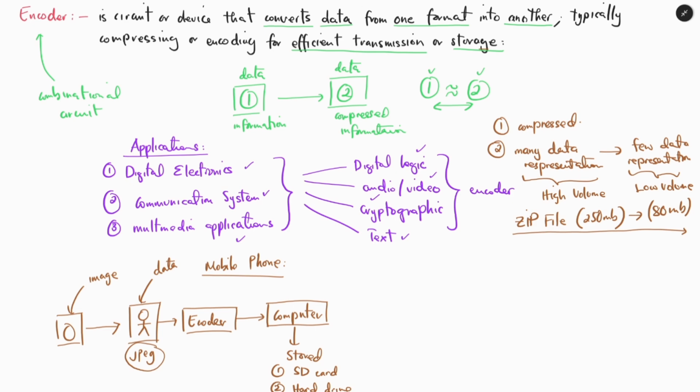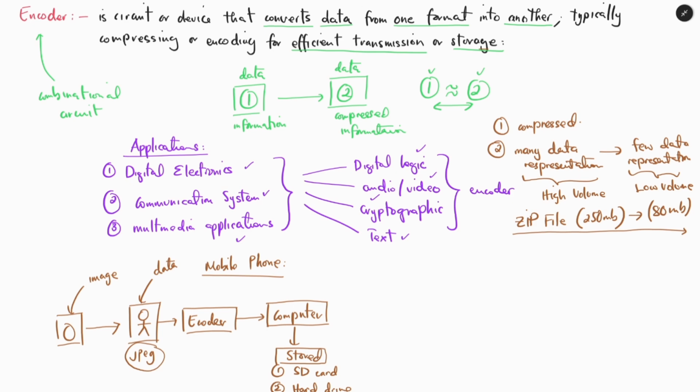So this shows how information, such as a JPEG, can be encoded into binary bits in a compressed form, and it can be stored in the memory element device in our mobile phone.